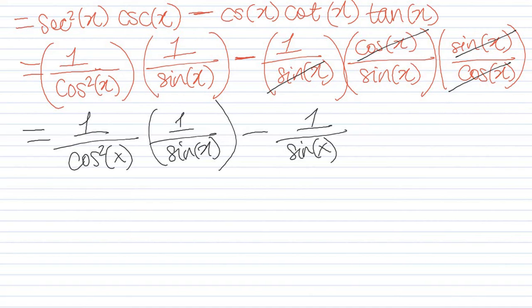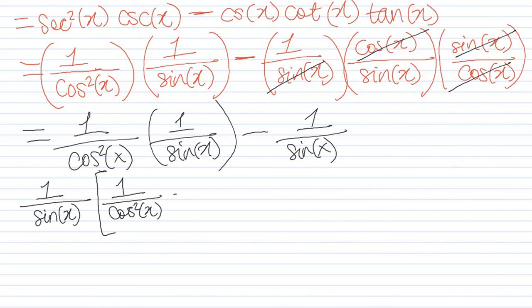So this is our answer. Like every other mathematician would do, we're going to bring out 1 over sine x, and you put that out and you have 1 over cosine squared x minus 1. Okay, so that's it, right?